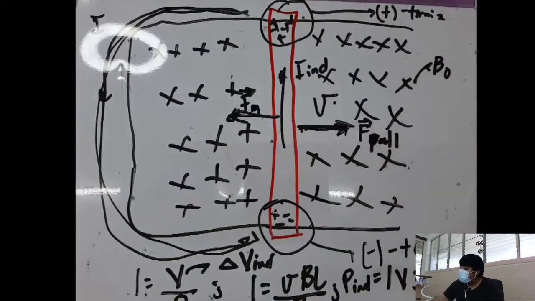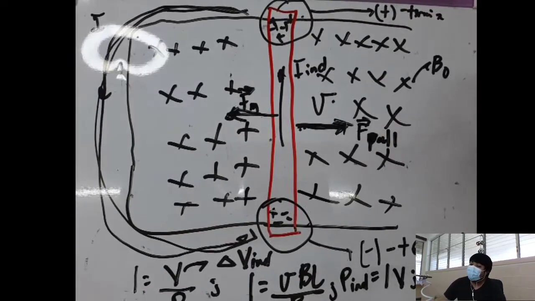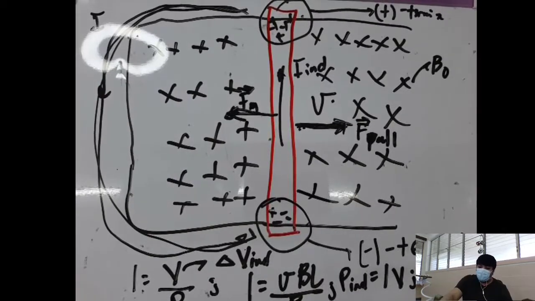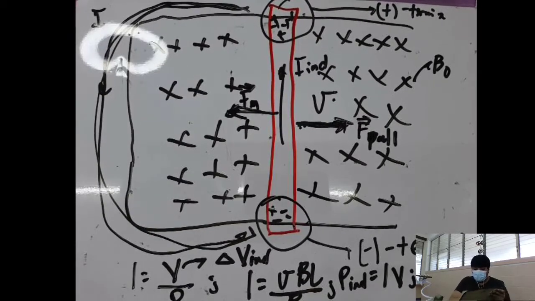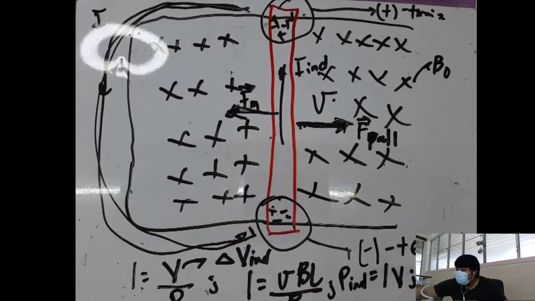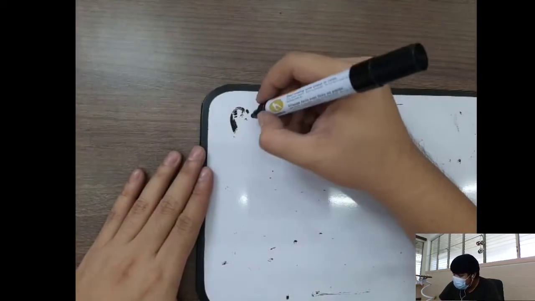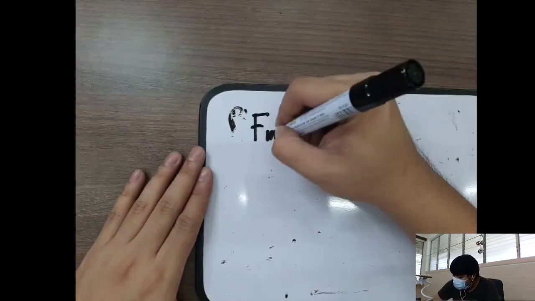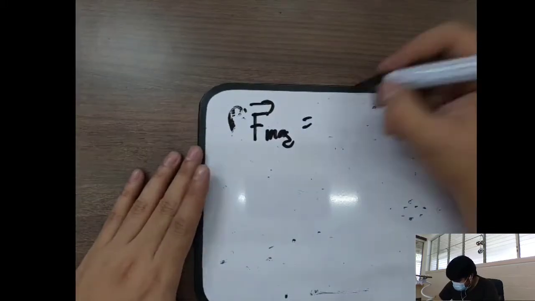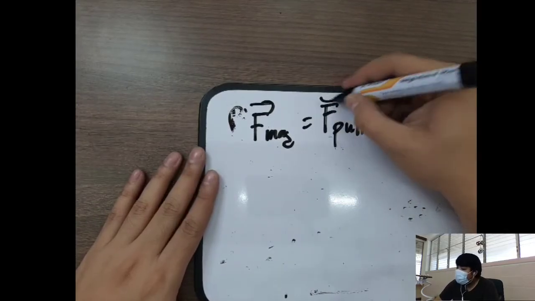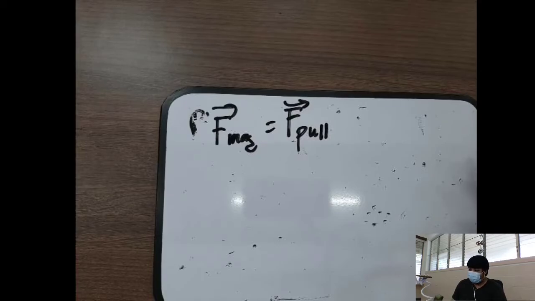Okay. Now, in order for this to move at a constant velocity, by virtue of Newton's third law of motion, the magnetic force should be equal to the force due to the external pull.